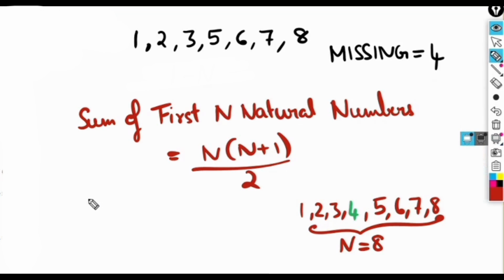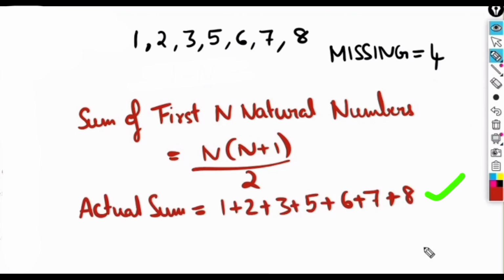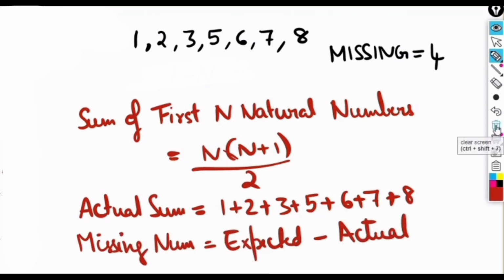So, expected sum is the sum from 1 to n as given by this formula, but actual sum is the sum of array elements that is provided to us. Now, the missing number is nothing but expected sum minus actual sum.